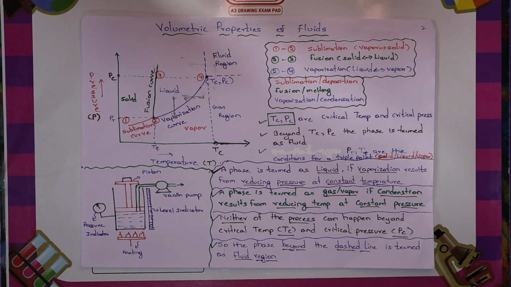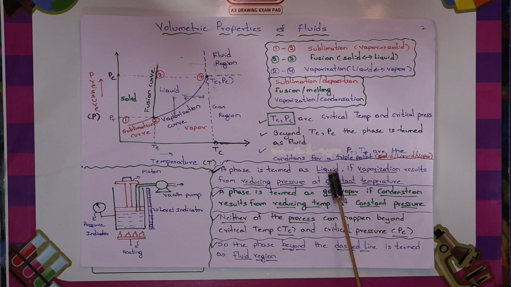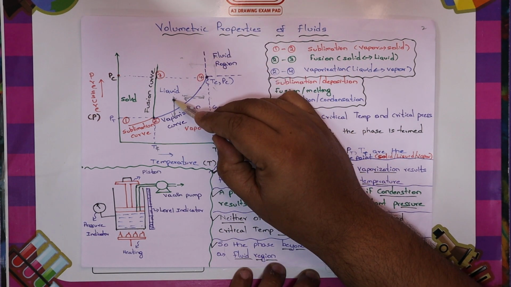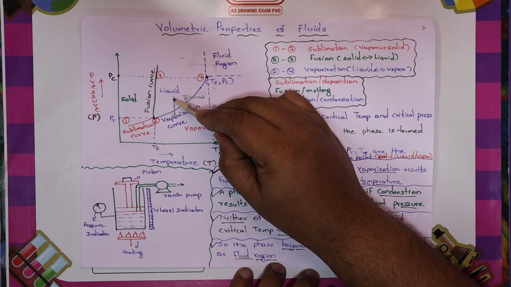For example, let us define the phase first. What is the liquid phase and what is the vapor phase? Okay, there is a definition. A phase is termed a liquid if vaporization results from reducing the pressure at constant temperature. So let us mark it. Let us assume this particular point is a liquid phase.